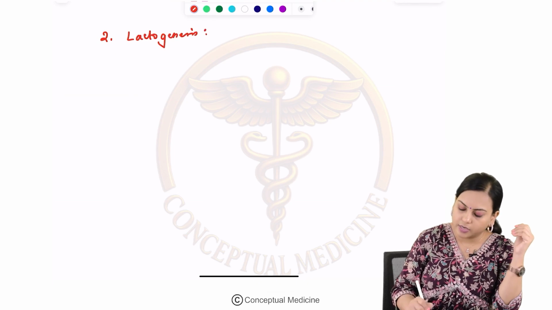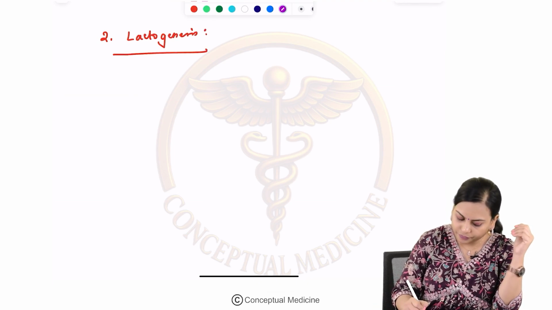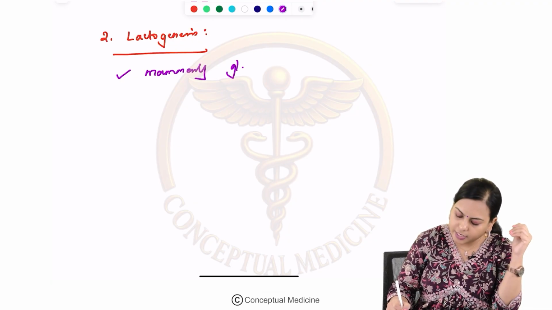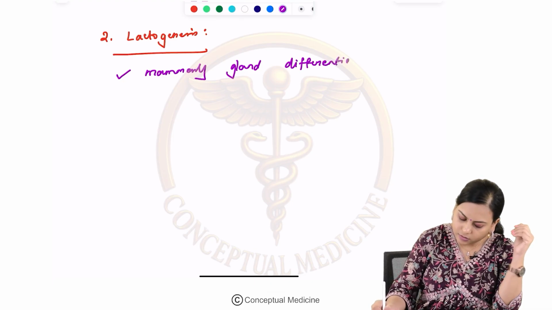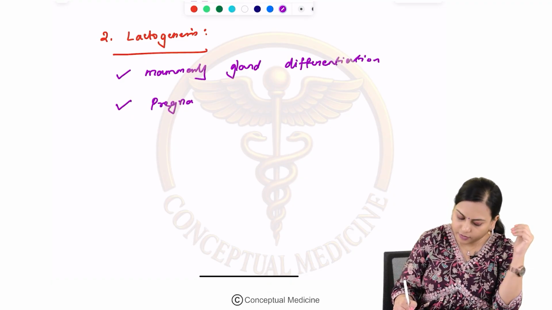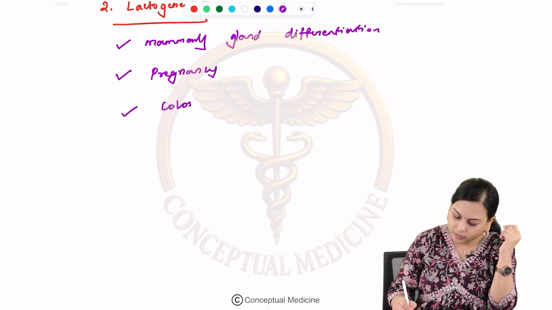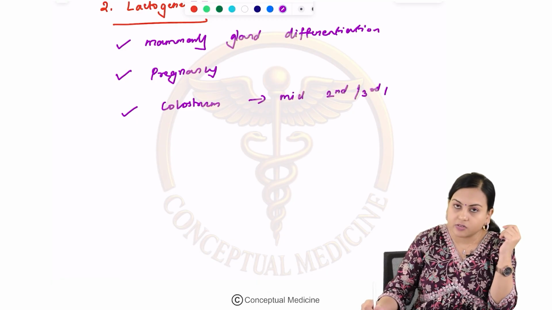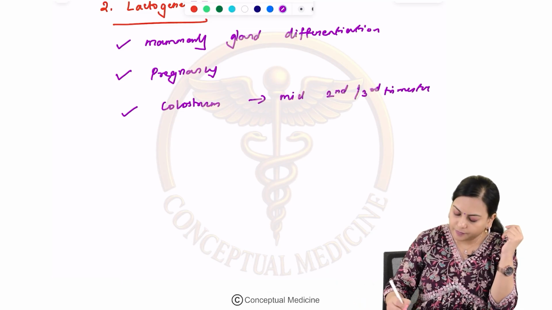Next step is lactogenesis. In lactogenesis, there is mammary gland differentiation. Usually it happens in pregnancy itself. Colostrum secretion usually begins in the mid-second or third trimester during pregnancy.